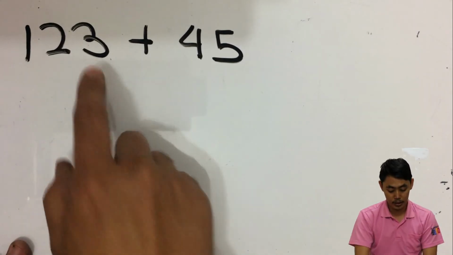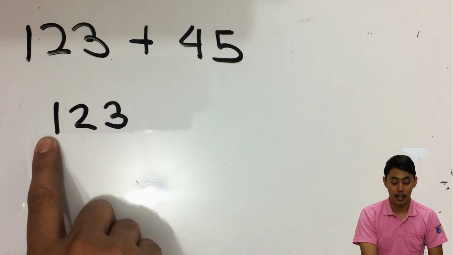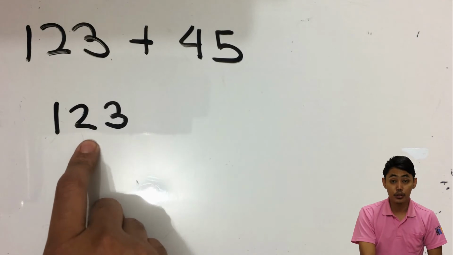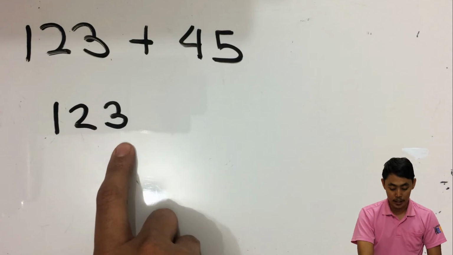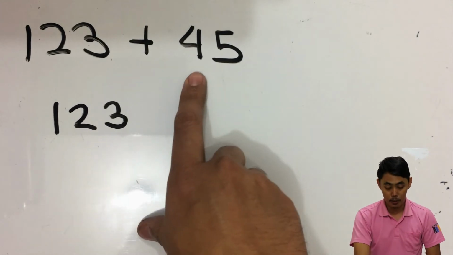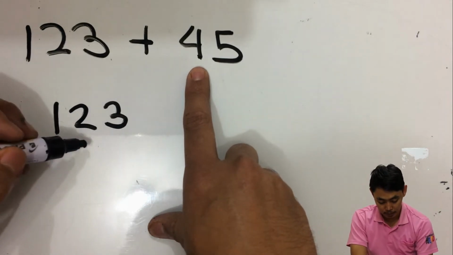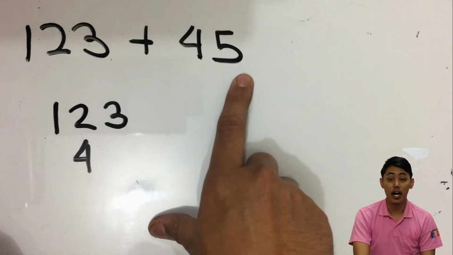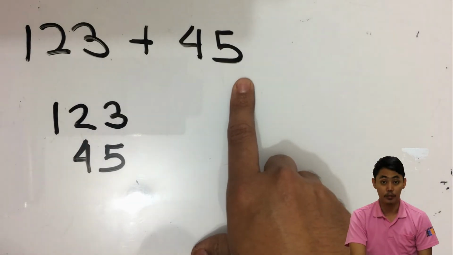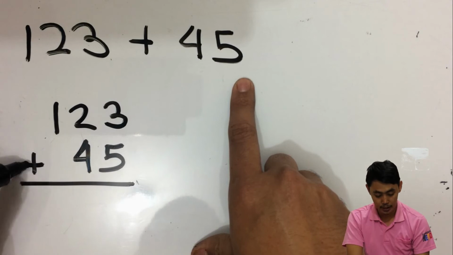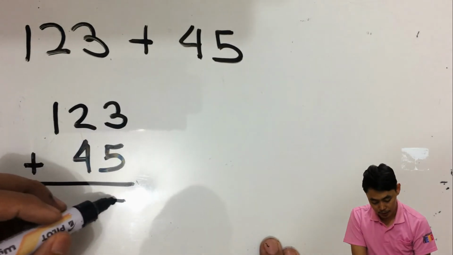So 123, 1 is on the hundreds place, 2 is on the tens place, and 3 is on the ones place. How about 45? 4 is on the tens place, so you will need to write it below 2, and 5 is on the ones place, so you will need to write it below 3. And then you proceed adding the two numbers.